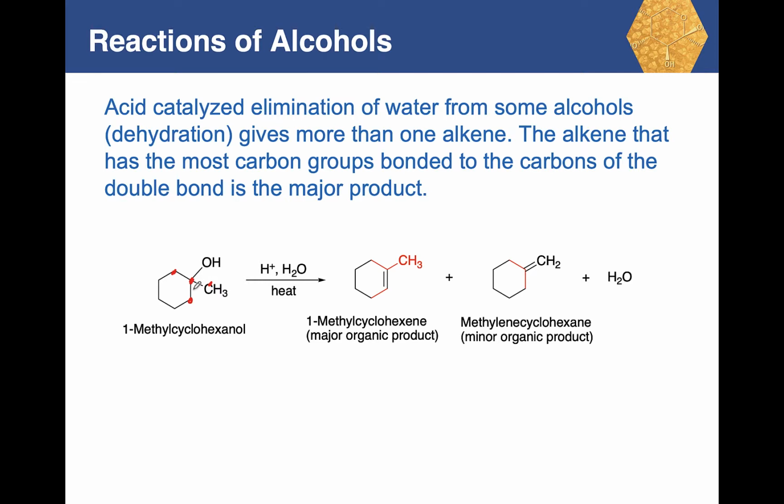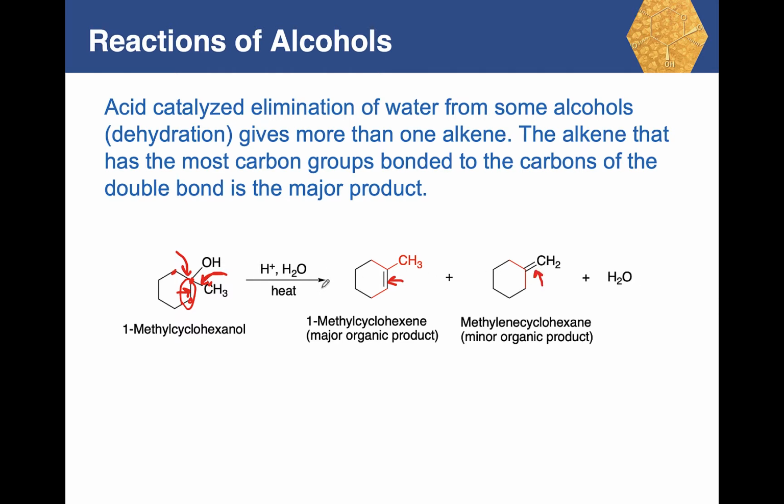So we can form a double bond here, or here, or here. Of course, these two will be equivalent. So let's look at just forming the double bond here. So here it is. That's one possibility. And forming the double bond here, that's the other possibility.